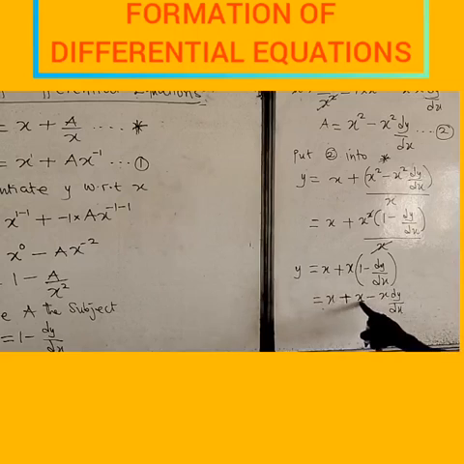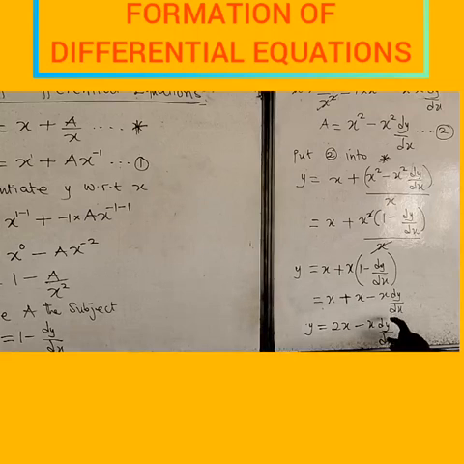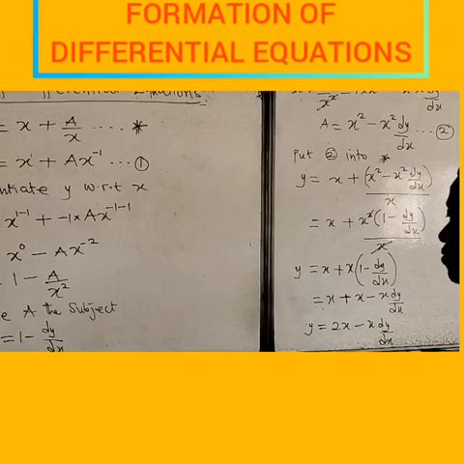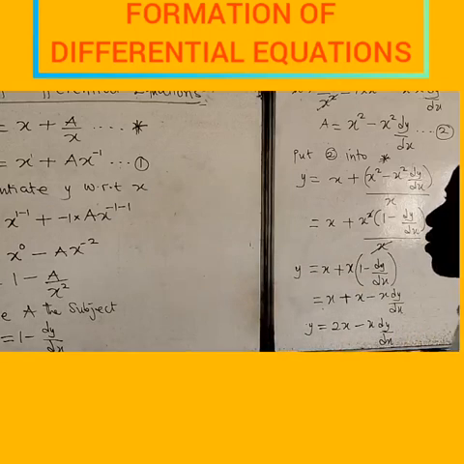Now x plus x is 2x, so we have 2x minus x dy dx. So these are differential equations. We can decide to make dy dx the subject or leave it in this form. It's still a differential equation. So basically that is what to do for that.